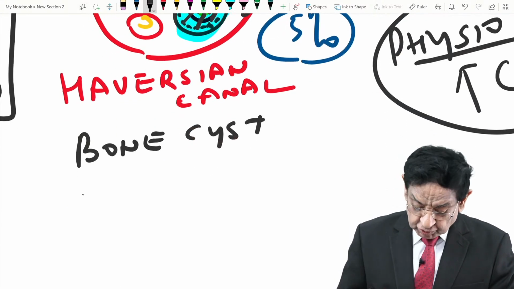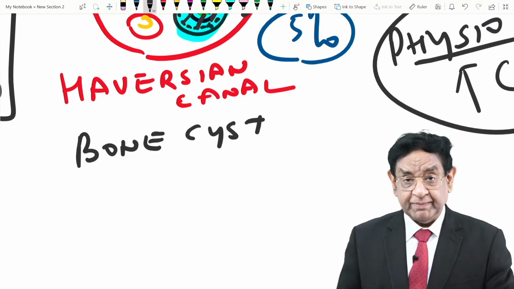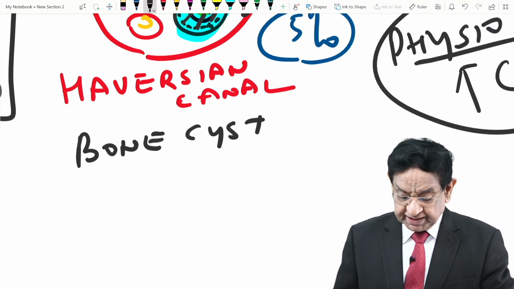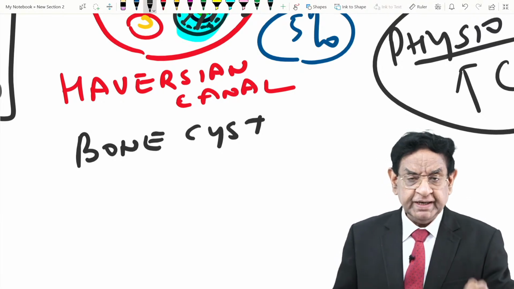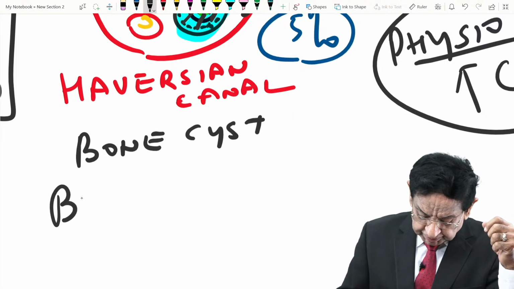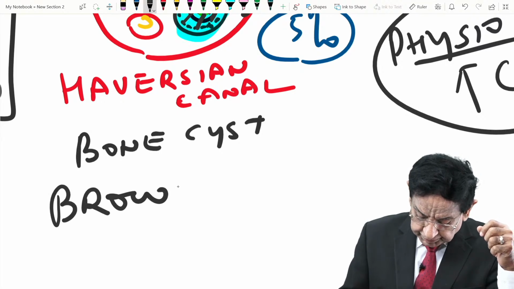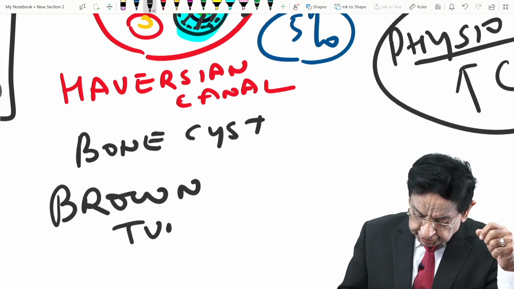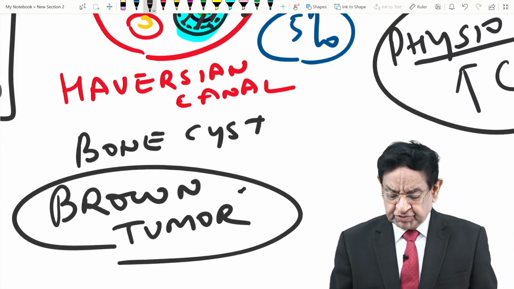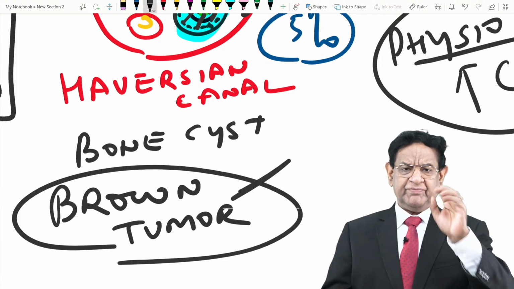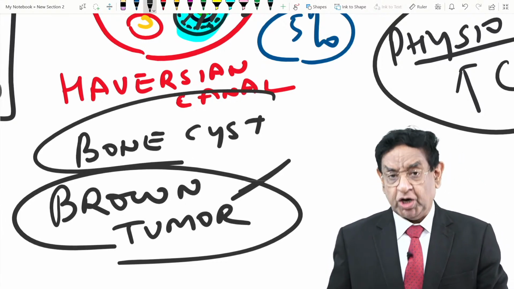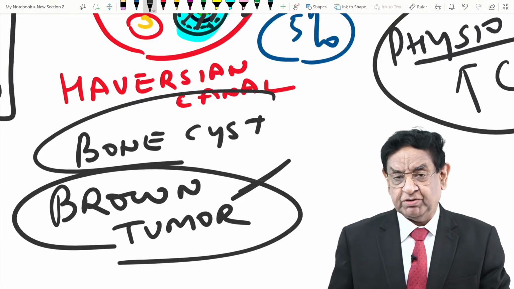And when you take an X-ray, it looks like a tumor. Tumor is not there. It looks like a tumor, what we call a brown tumor. The brown tumor is not a tumor. This question is asked throughout the world, very frequently asked. Bone cyst, a question from orthopedics, radiology also.